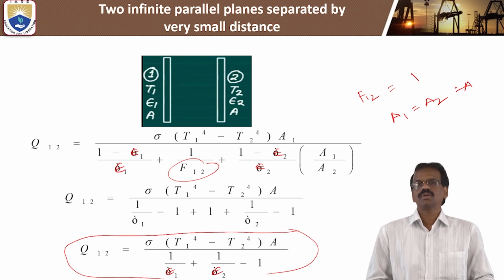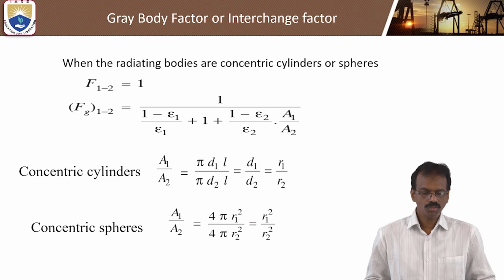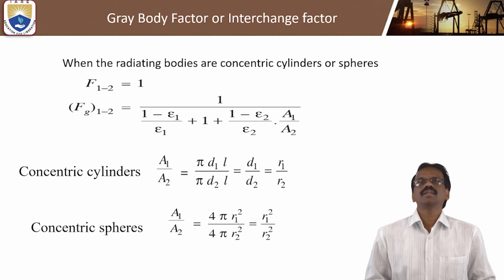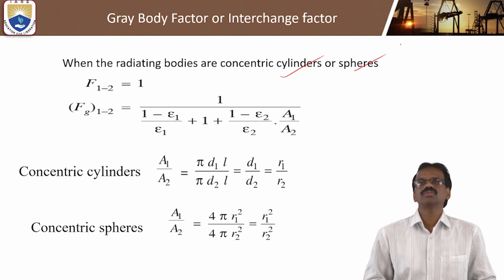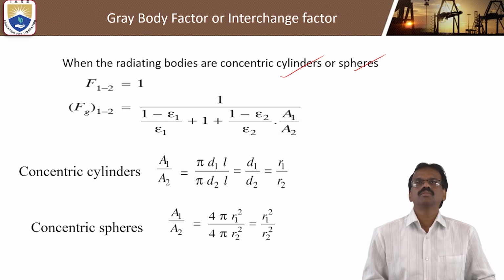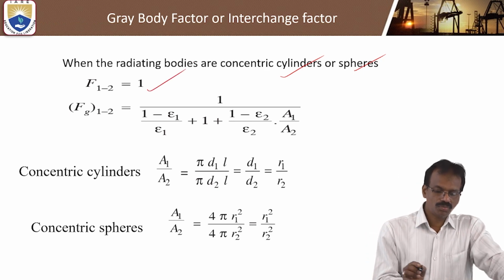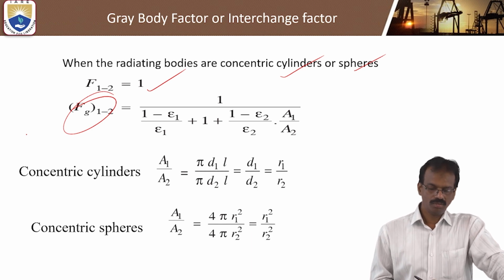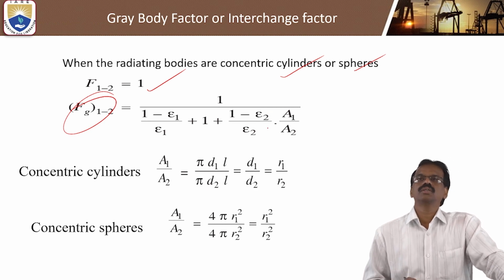We'll see one more case, when the radiating bodies are concentric cylinders and spheres. In the case of cylindrical bodies and spherical bodies, here also F12 value is equal to 1. Here the formula is 1 by F12 plus (1 minus epsilon 1) by epsilon 1 plus (1 minus epsilon 2) by epsilon 2 into A1 by A2.